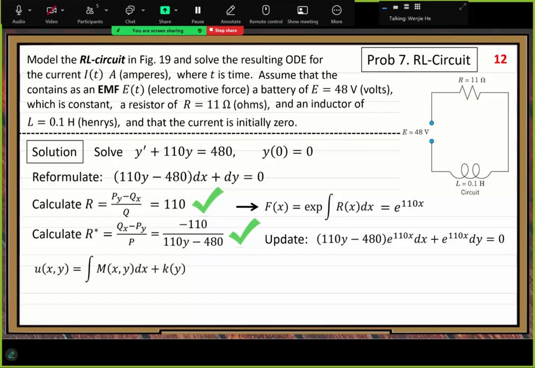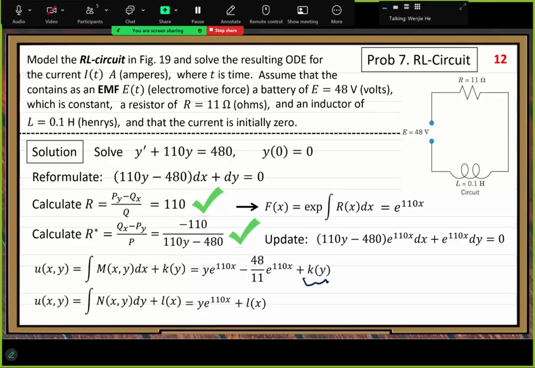All right, so integral on the M function, we get this expression with an unknown K function. Then the second one, the integral on the N function, this time we have an unknown L function.